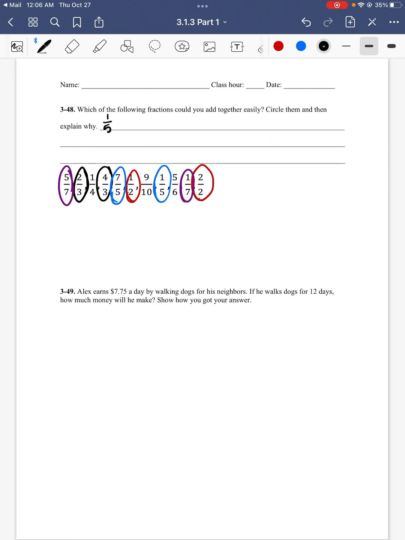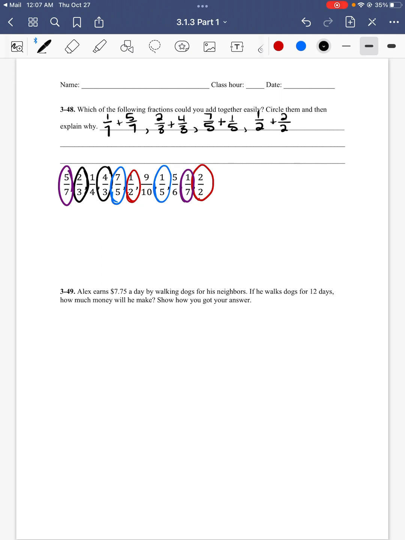So what I'm going to write is I could add 1/7 plus 5/7. I could add 2/3 plus 4/3. I could add 7/5 plus 1/5.